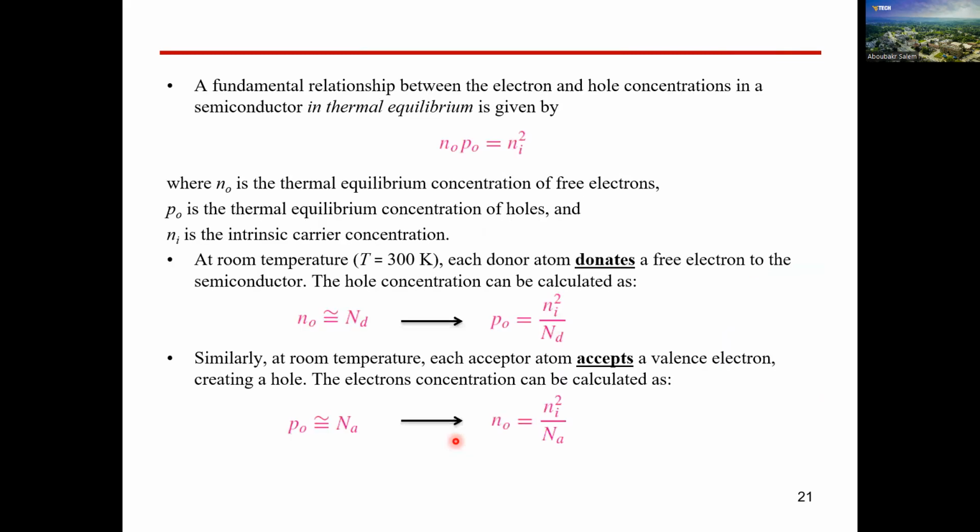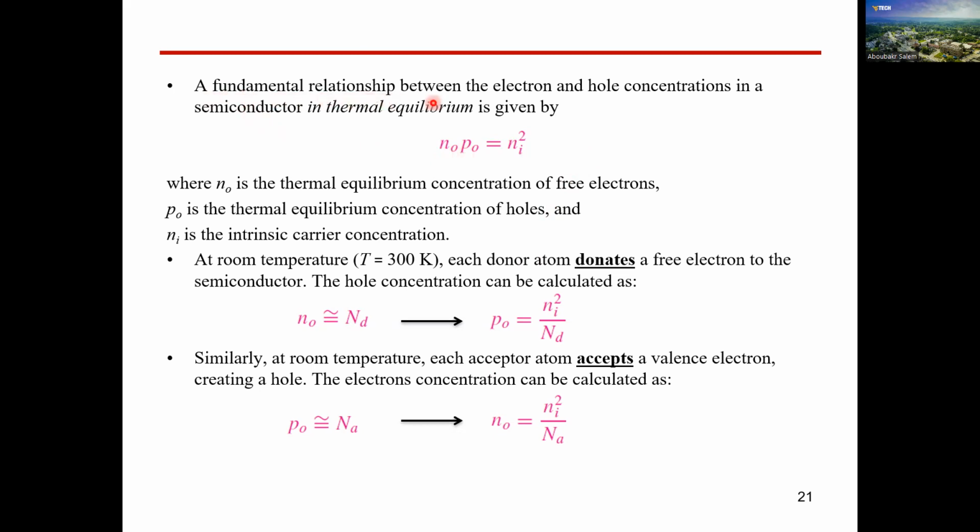How can we calculate the concentration? We can end up with this relation today, and next class we will solve more questions on this part. Since we have two materials now, we can make a balance between them by this relation.